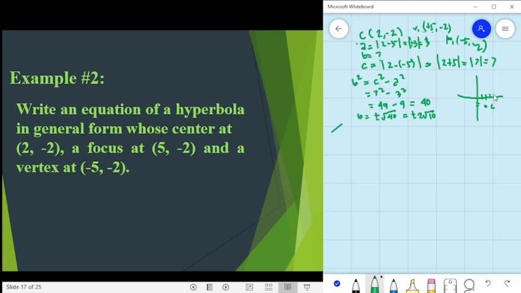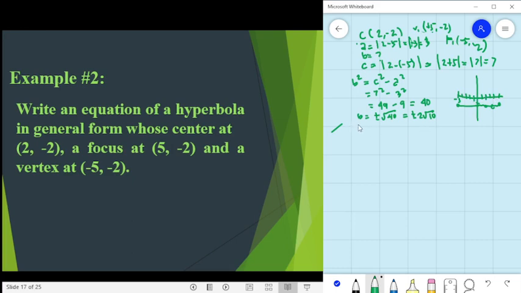So, 2, 3, 4, 5, -2 is here. And then one focus is -5, -2. 1, 2, 3, 4, 5, -5, -2 is here. Meaning, the focal axis and the transverse axis are parallel to the x-axis.